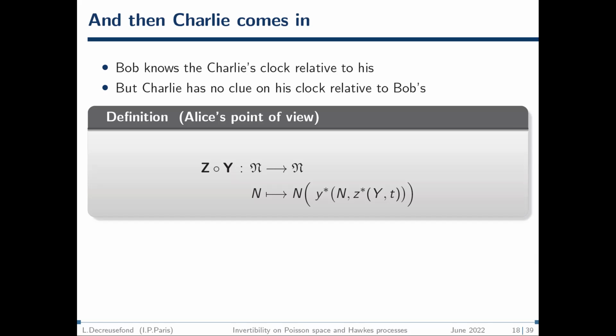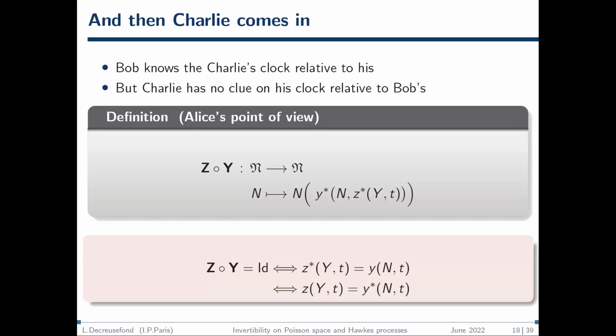So just write down the equation and you get this thing. If you want Z composed with Y equal to the identity, you must have Y star n of Z star to be equal to t. That means that Z star Y t is equal to Y star n t.